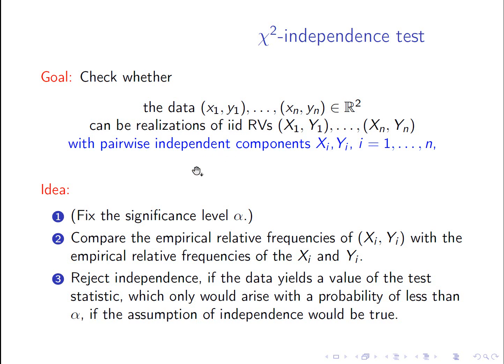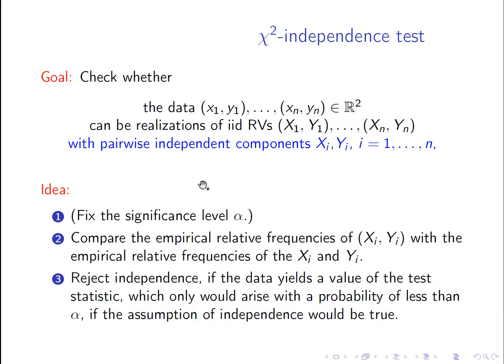In all tests we have to fix the significance level in advance. Significance level is a notion which you will probably have seen by now, either in Introduction to Statistics, Stochastics 2, or Econometrics. That's a small alpha, which will appear later on.